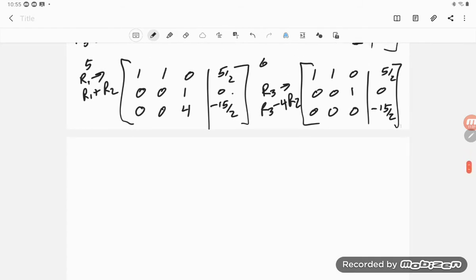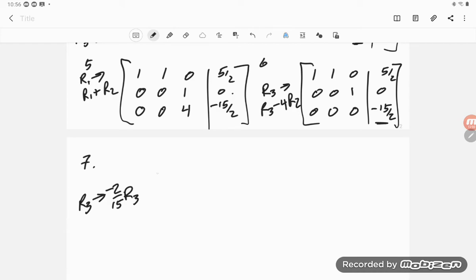And now, again, for all practical purposes, we're done, but for reduced row echelon form, I should get this last thing to be a 1, and so my last thing I'll do is for row 3, I'm going to replace that with negative 2/15 of row 3.